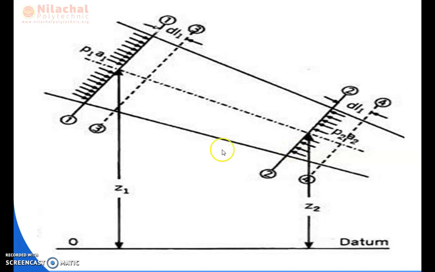Let us consider there are another two sections, 3-3 and 4-4. Let us consider the flow of liquid is carried out from inlet section 1-1 to section 3-3 with a distance or length of travel del L1.